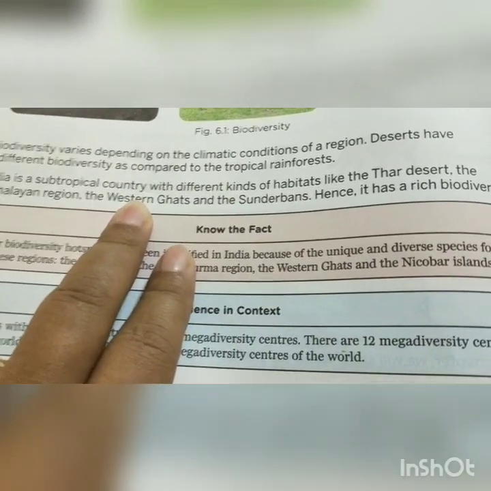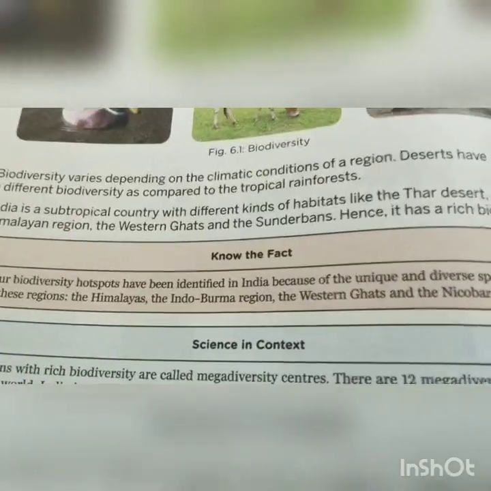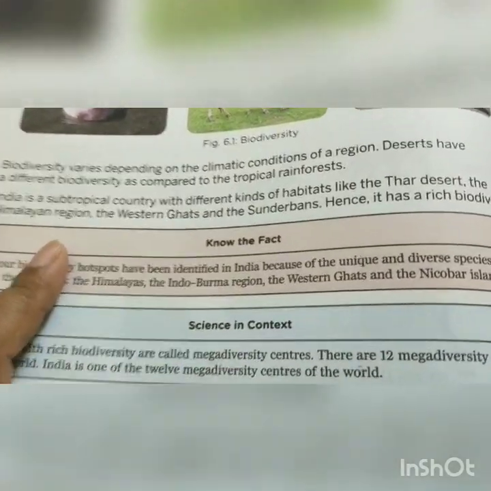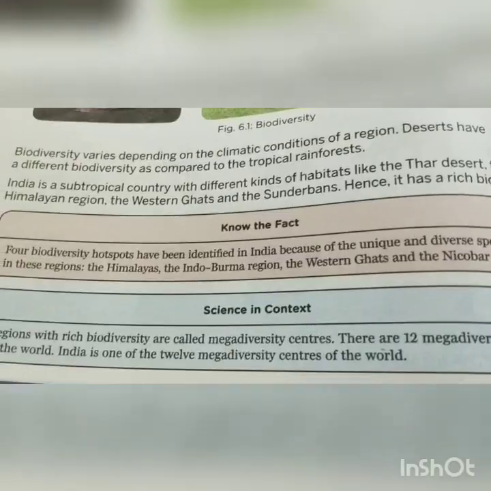On one side you will get the Thar Desert, on another side the Himalayan region, Western Ghats, Sundarbans. So India is a country which is rich in biodiversity. Here you will get many different types of biodiversities. Okay.